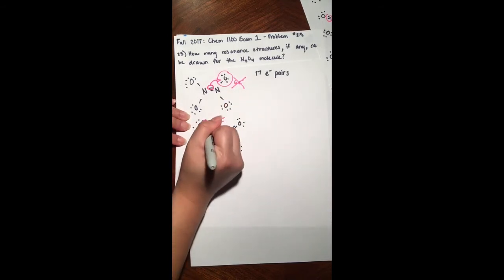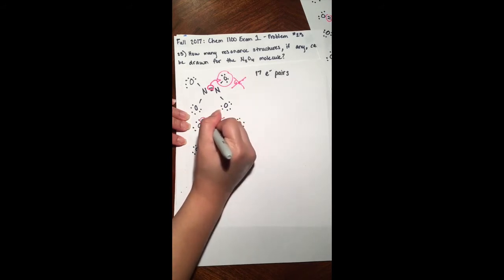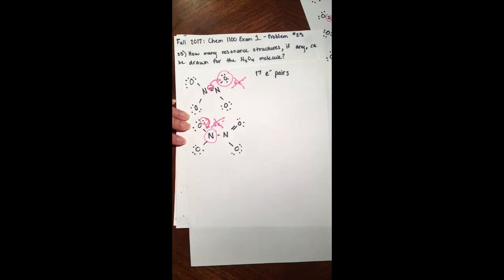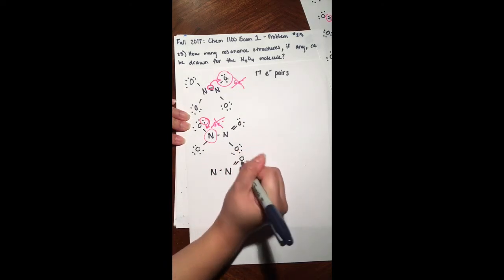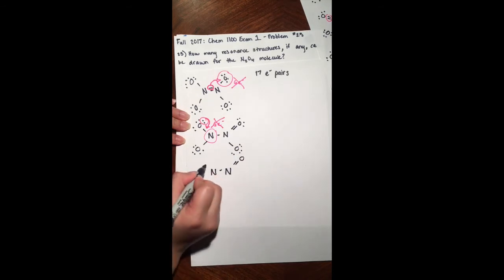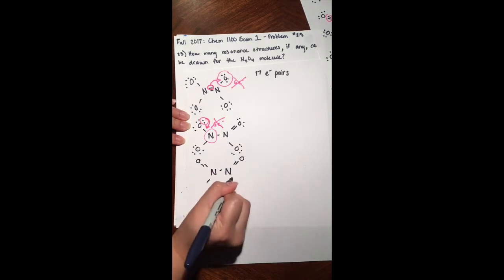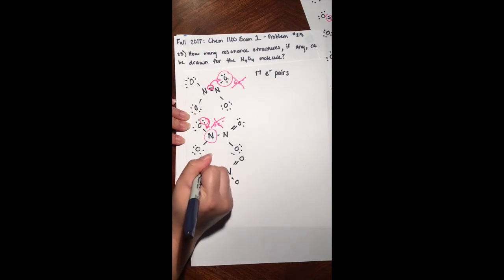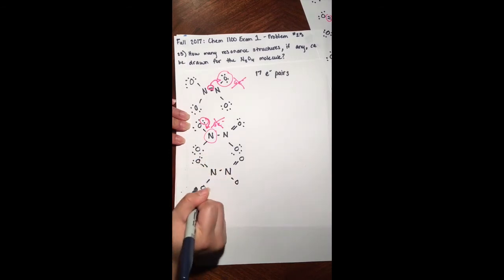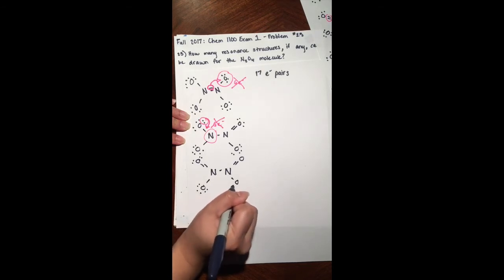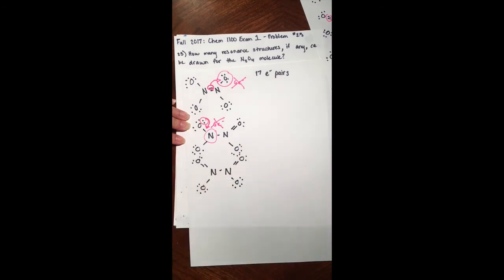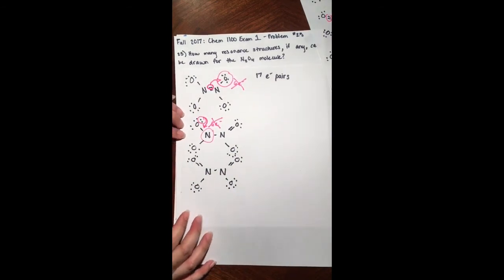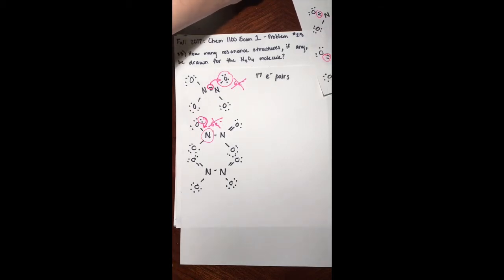So the only way to fix that would be to take one of these electrons from oxygen, transfer it to make a new bond, and then we go back to one of our structures from the previous page, and we get a molecule that always has 2 oxygens that are double bonded and 2 oxygens that are single bonded to our nitrogens. So that means that we've exhausted all of the possible structures we could have moving the double bonds around.